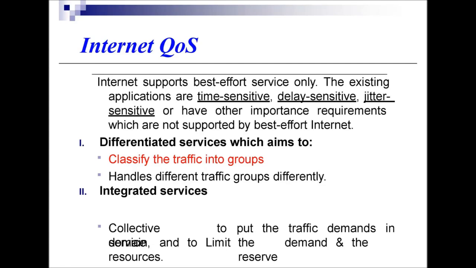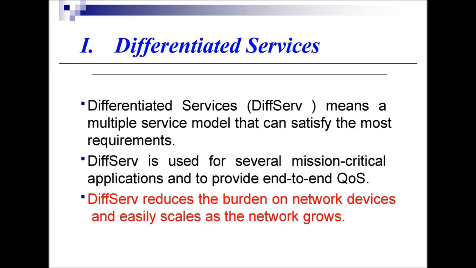So applications are categorized with the help of different services, and resources are allocated to these categorized applications with the help of integrated services. Differentiated services. Dear students, differentiated services means a multiple service model that can satisfy most requirements.